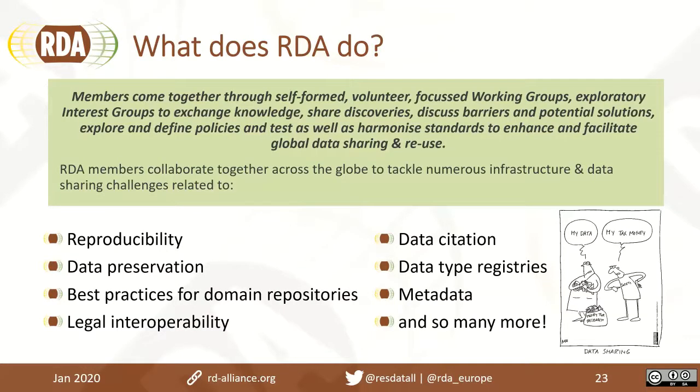Research Data Alliance members work together through these self-formed volunteer groups, and they work on issues like reproducibility, data preservation, best practices for domain repositories, interoperability, data citation, data type registries, metadata, and many more.